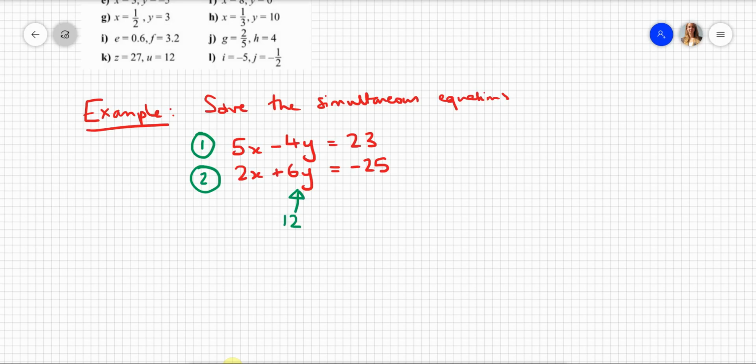So I'm going to multiply equation 1 by 3. And I'm going to multiply equation 2 by 2.